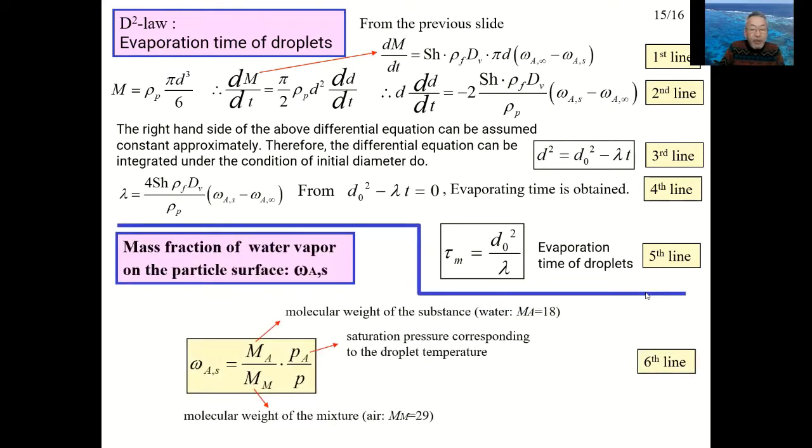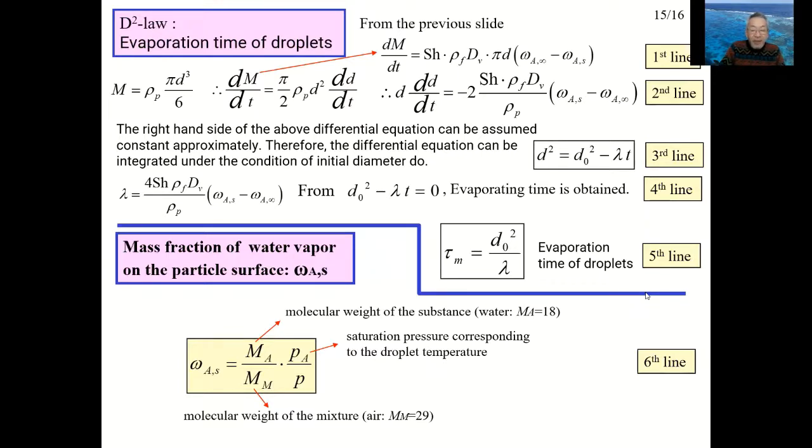In the calculation of droplet evaporation, it is a little complicated problem how to estimate the value of mass fraction of the particle surface. The mass fraction omega_As can be calculated by the formula as shown on the sixth line.